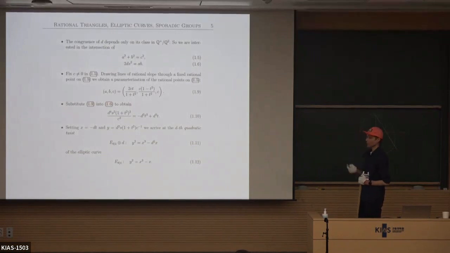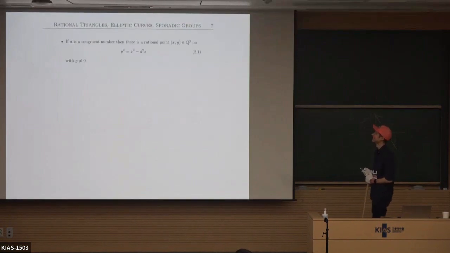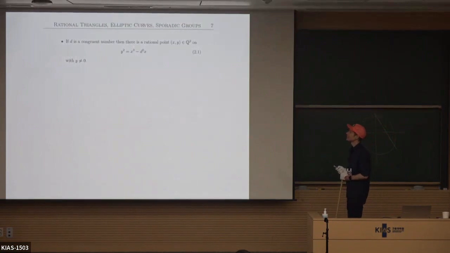And moreover, this x and y are not 0. c and t are not 0. Okay, so we've come to curves. All right. So if d is a congruent number, then there's a rational point on this curve with y not equal to 0.